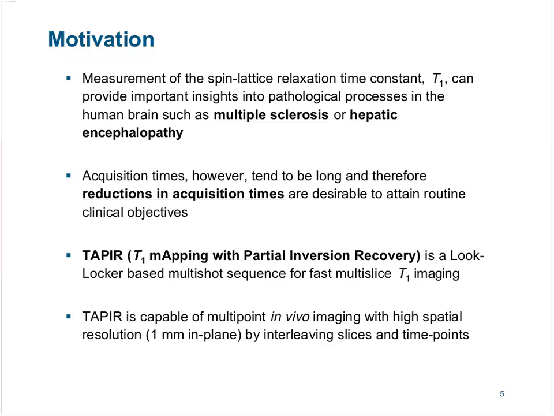And the motivation for the rapid mapping scheme is that measurement of the spin lattice relaxation time constant T1 can provide important insights into pathological processes in the human brain, such as multiple sclerosis or hepatic encephalopathy. Actually, the acquisition times tend to be long, and therefore reductions in acquisition time are desirable to attain routine clinical objectives.